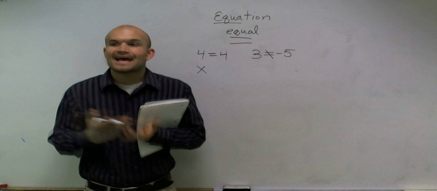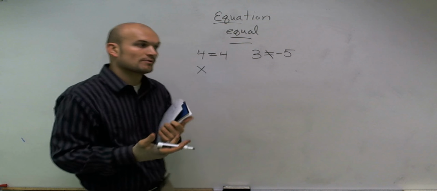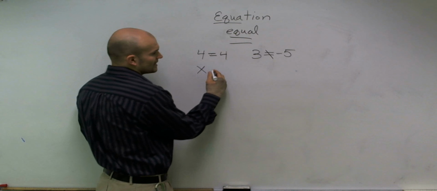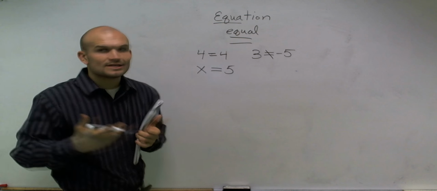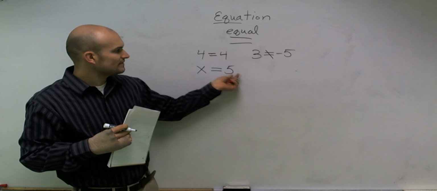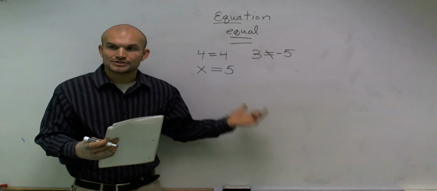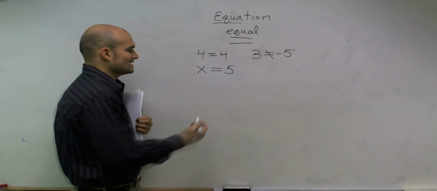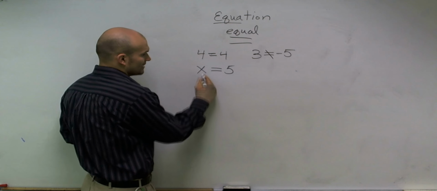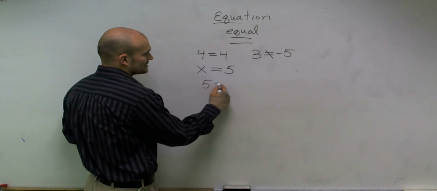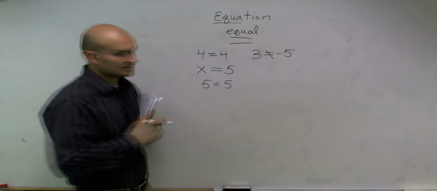X can represent any number that we want it to be. However, if I now say x is equal to 5, what is the only value for x that will be equal to 5 and make that equation true? Obviously, the only answer is x has to equal 5, because when x equals 5, I can plug it in and say 5 is equal to 5.